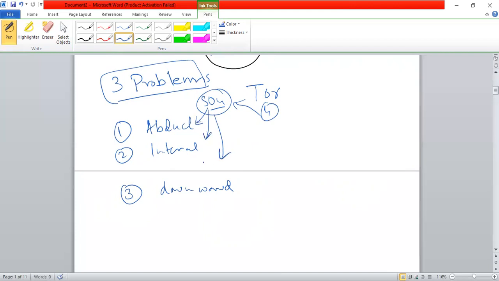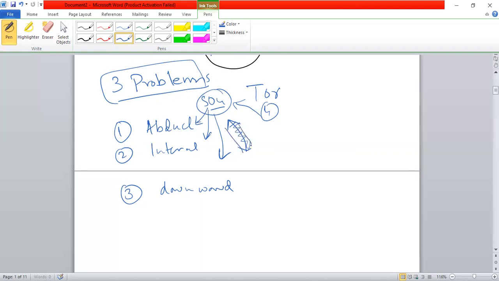The main question your supervisor will ask is, on the basis of these three movements, which one is more important?